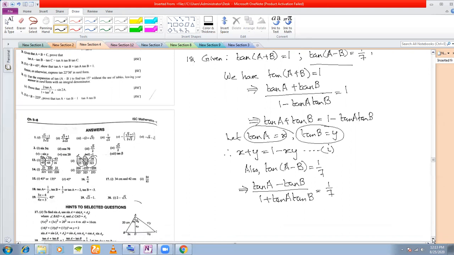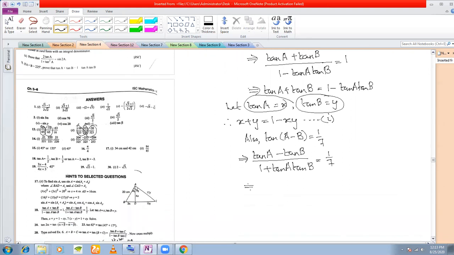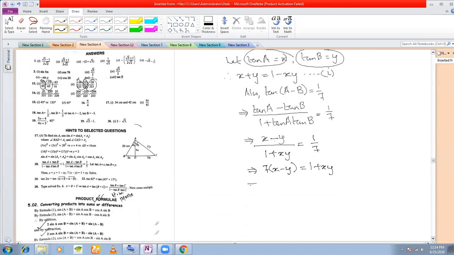So we'll simply put the values. x minus y, not plus, x minus y by 1 plus xy is equal to 1 by 7. Now cross multiply, you get 7 times x minus y is equal to 1 plus xy. That means 7x minus 7y is equal to 1 plus xy. So this is our equation number 2.